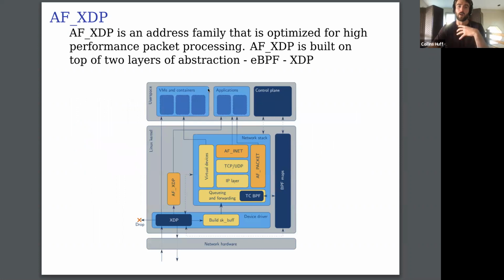This is a diagram of how AF XDP works, and I also will show a little bit more about the Linux kernel networking stack. You can see here, you've got your networking hardware at the bottom, your kernel here in the middle, and your user space applications up at the top. So when you are using AF packet, you go into the Linux kernel networking stack through the traffic control system, build a socket buffer.